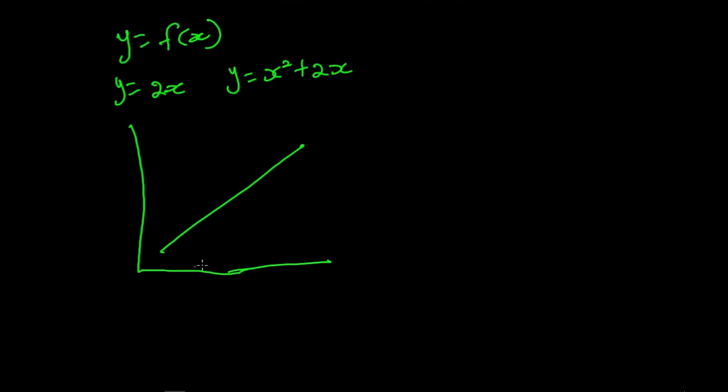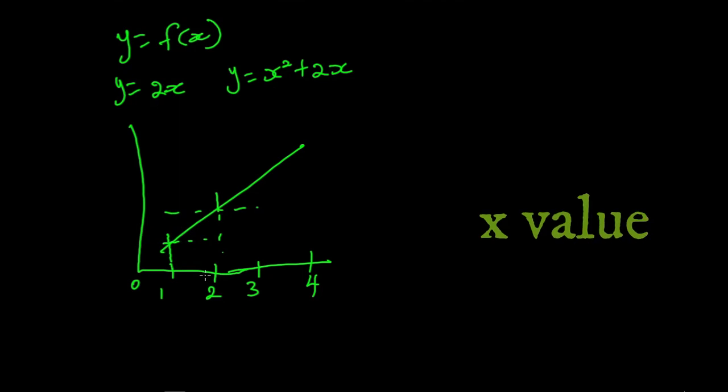For example, we have the x-axis calibrated like this: 0, 1, 2, 3, and 4. The meaning of slope is the amount of increase in the y value per unit increase in the x value. This is 0.1 and this is 0.2. So the amount of increase it has per unit increase.